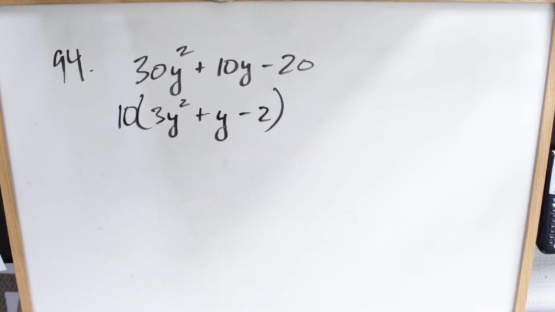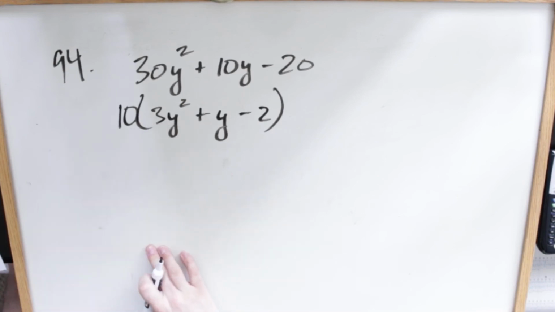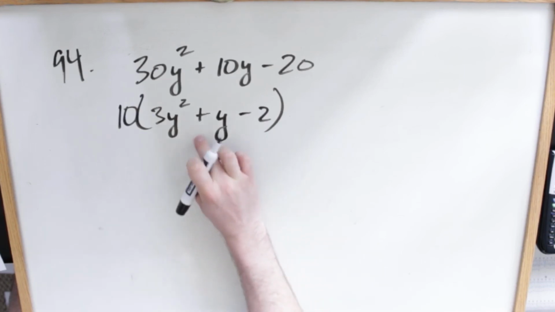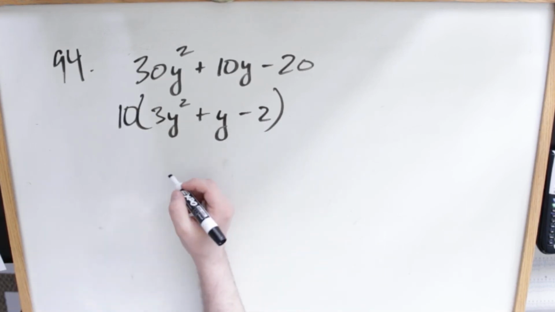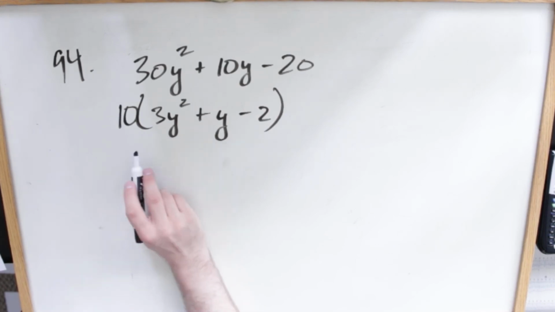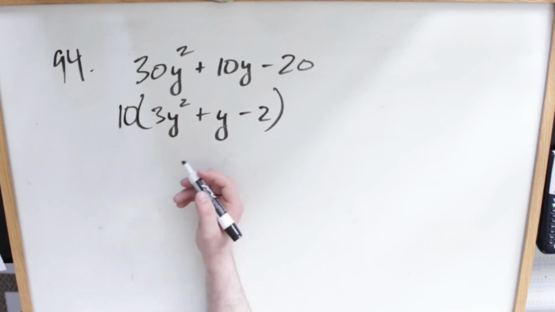You can pull the 10 right out in front, and then you don't even have to deal with it anymore. Now you can do your A times your C of this piece right here. It makes it a lot easier. I would rather find the factors of 3 times a minus 2, than the factors of 30 times a minus 20, because let me tell you, that is a lot of factors.